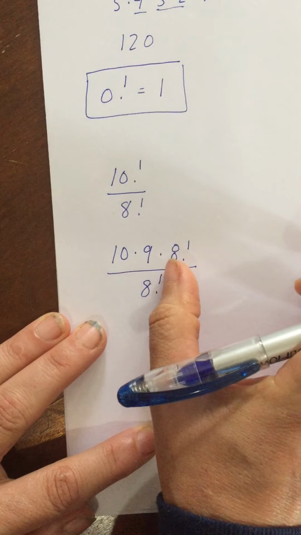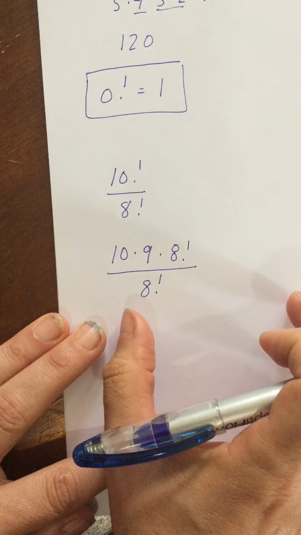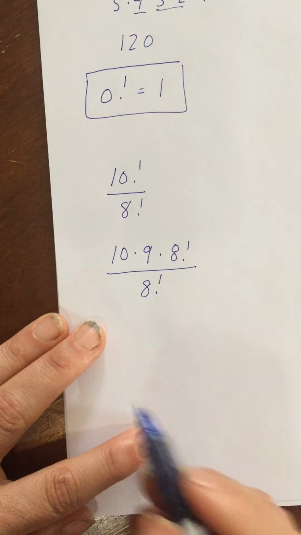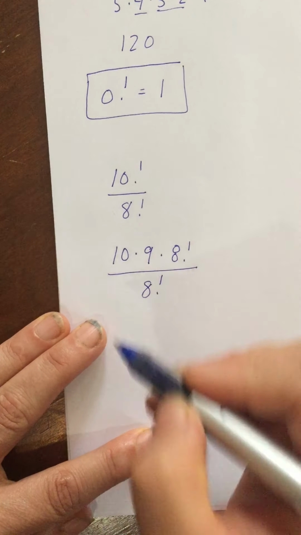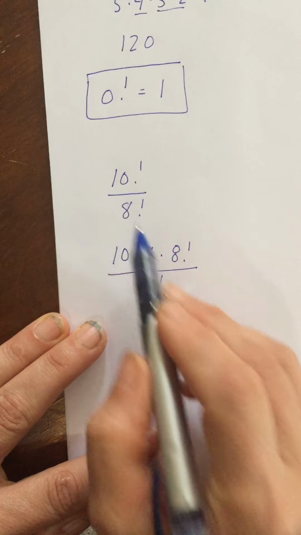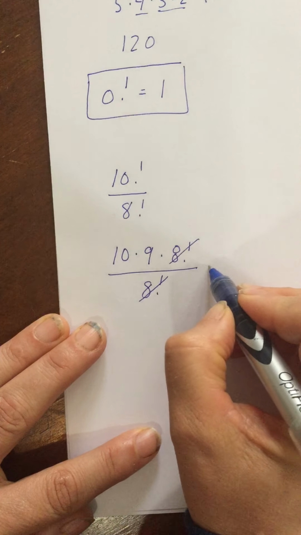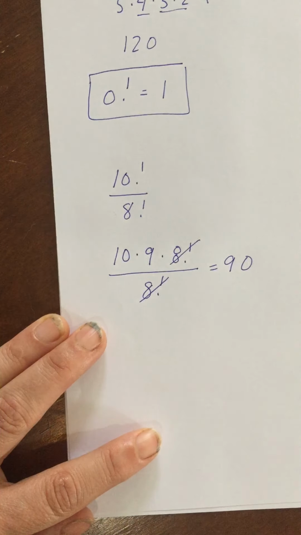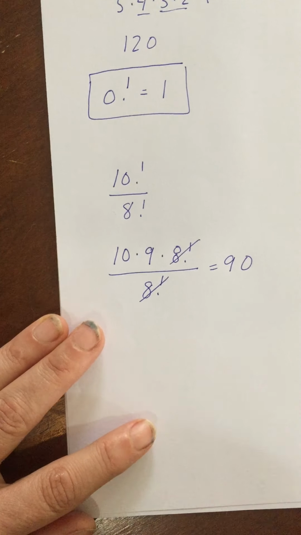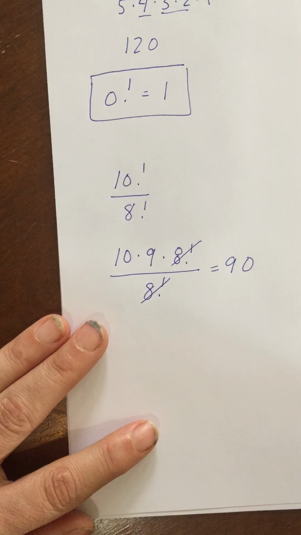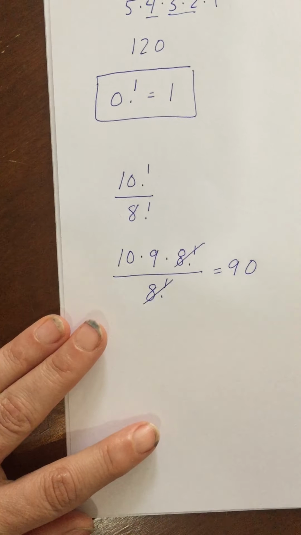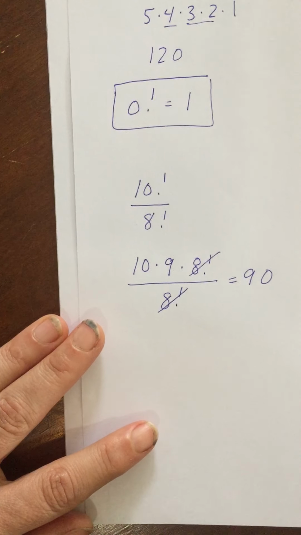Of course, I could write the numbers 8 on down here and here, but that's just a lot of writing, so I could just write the 10 factorial like that, cancel those out, so it's just going to be 10 times 9, which is 90. Hopefully that makes some sense. That's the basics of working with factorials.